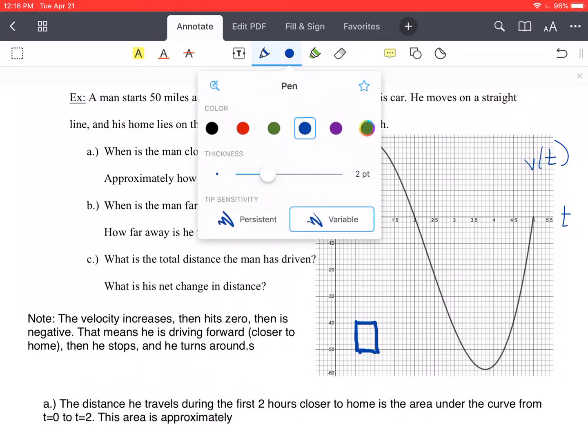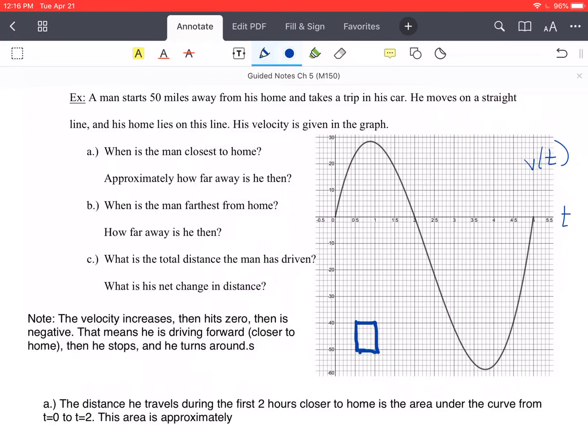Each one of these has a height of 10 and a width of 0.5, or 1/2. That means the area of each one of those boxes is 5.